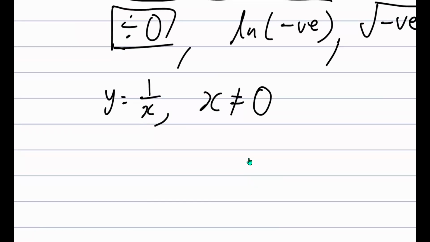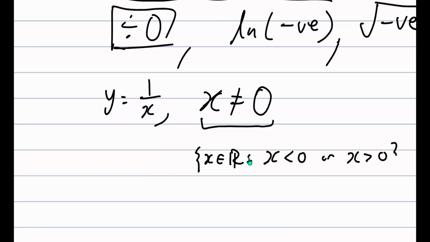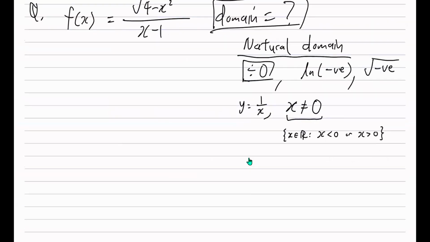The domain will always exclude 0. So in terms of set notation, this will be the set of all x an element of real numbers such that x is less than 0 or x is more than 0. Curly brace. This is the natural domain. Naturally, you have this because you cannot divide by 0. That's example 1.